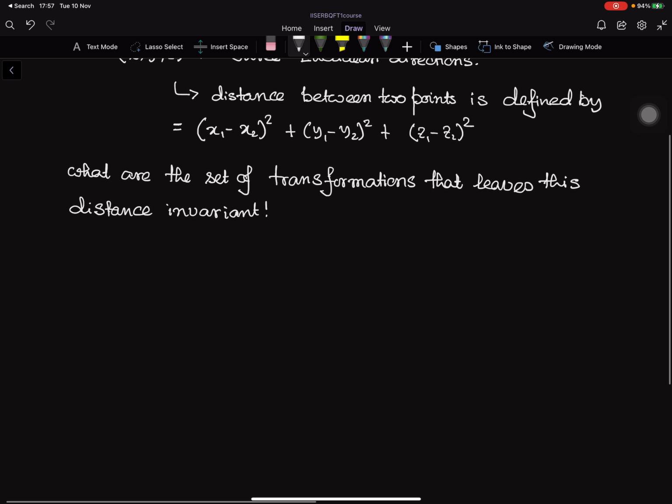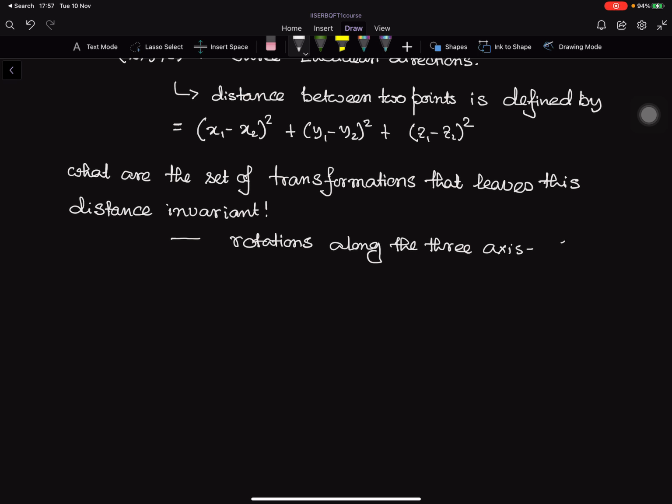These consist of rotations along the 3 axes, so this forms the group SO3.